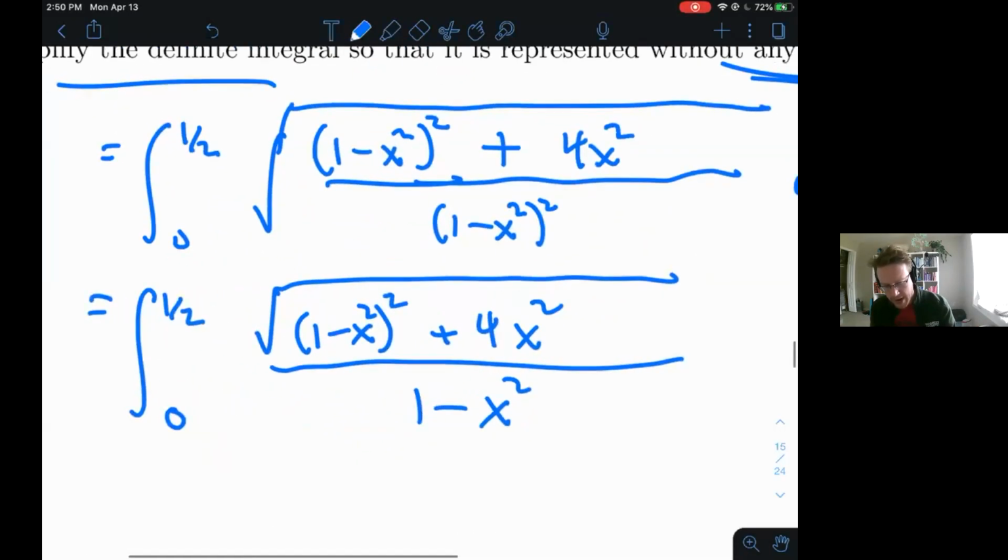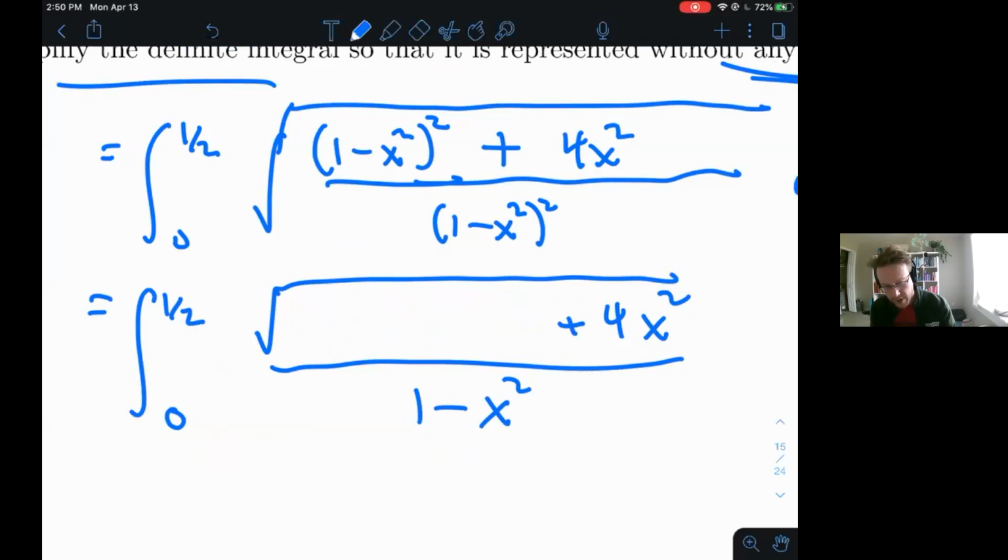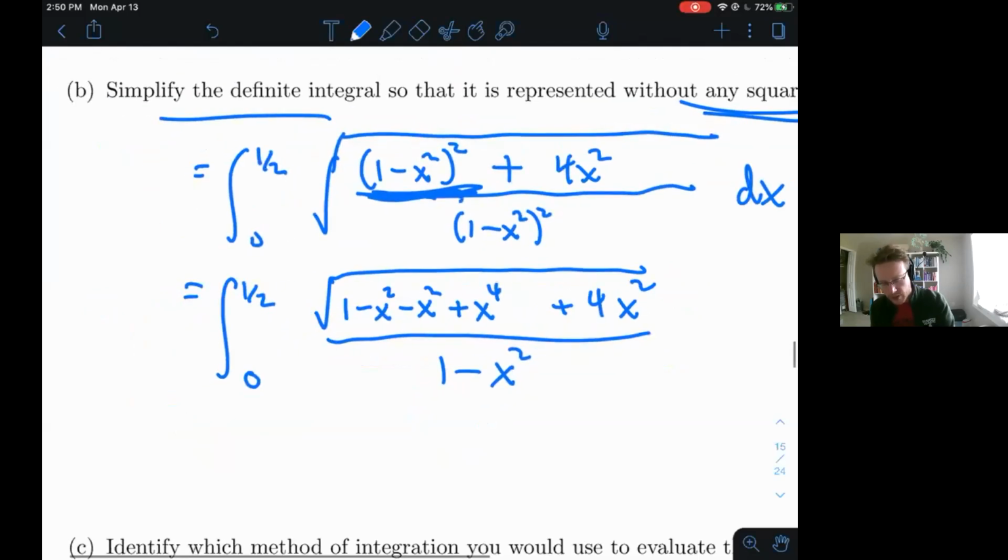If I expand this out, I'm going to FOIL this: the firsts, the inners, the outers, the lasts. The first gives me 1. The inners and the outers give me minus x squared and minus x squared. And the last gives me plus x to the 4th. So we could simplify, and this would be minus 2x squared.